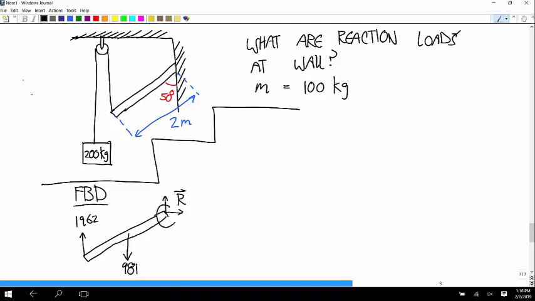And a couple that I'm going to call M, R for reaction. Maybe I'll call this MR for reaction moment. Any questions about that yet? And I'm going to use just a standard coordinate system.